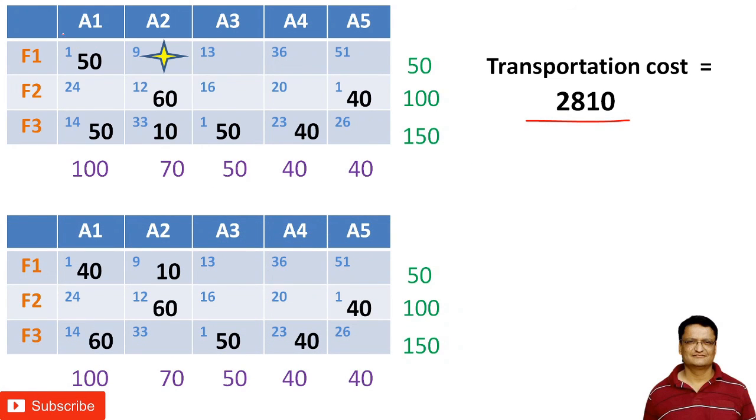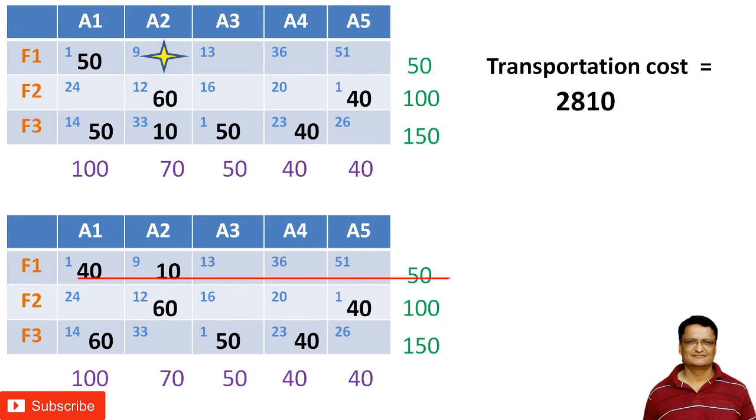Now I will allocate the maximum possible over here. I am allocating 10 products over here, and this will reduce to 40, and this 10 will be reduced to 0, and this 50 will increase to 60. So let us see whether, with this allocation, I satisfy the demand and supply constraints.